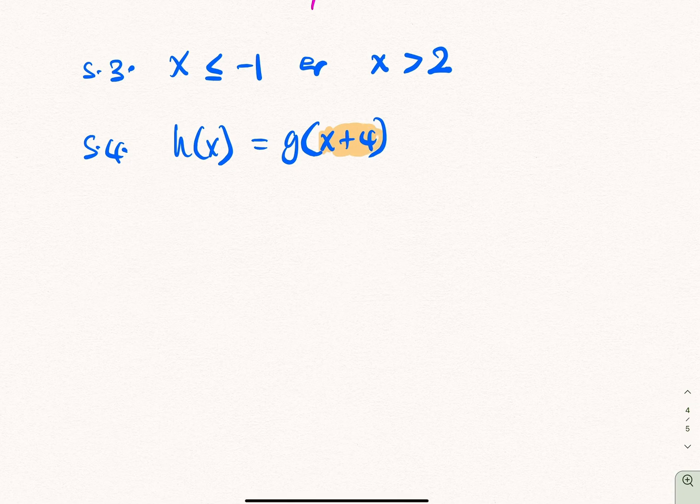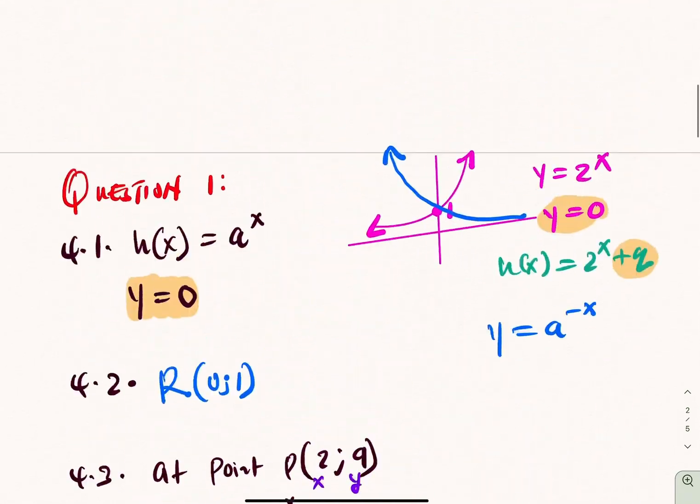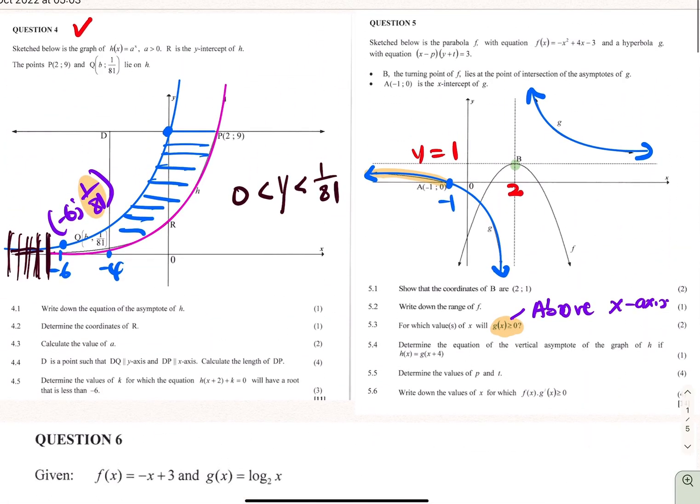So we are translating g horizontally 4 units to the left. Think about it in this way, basically. Like if you have a g at x, what is g at x? In fact, get the vertical asymptote of g. If you look at the graph, the vertical asymptote of the graph of g, it's basically that 2 there.